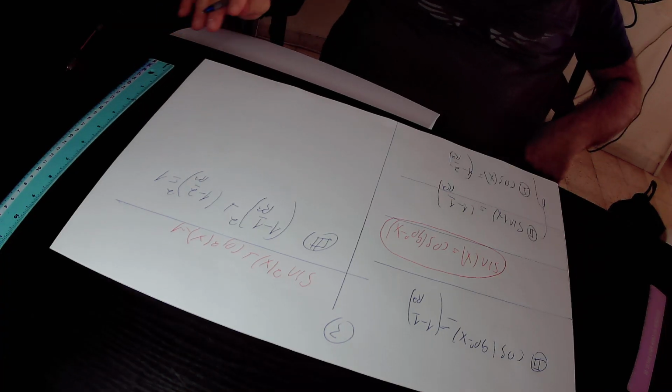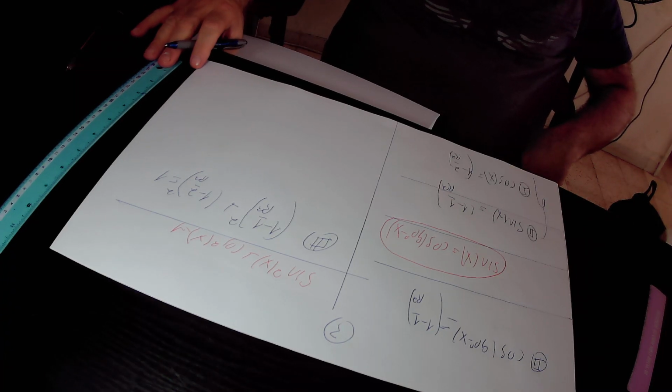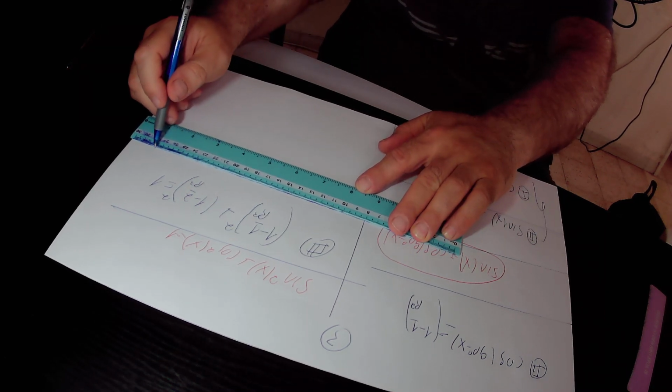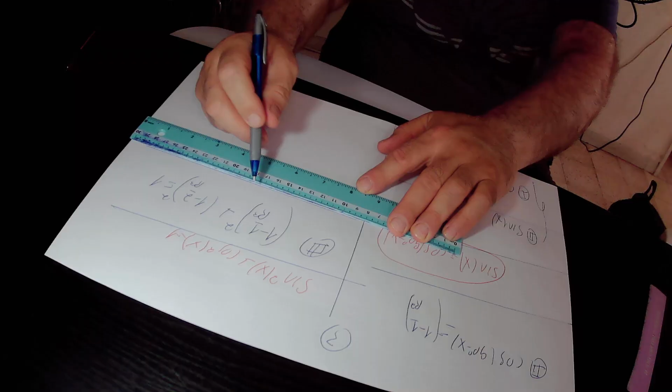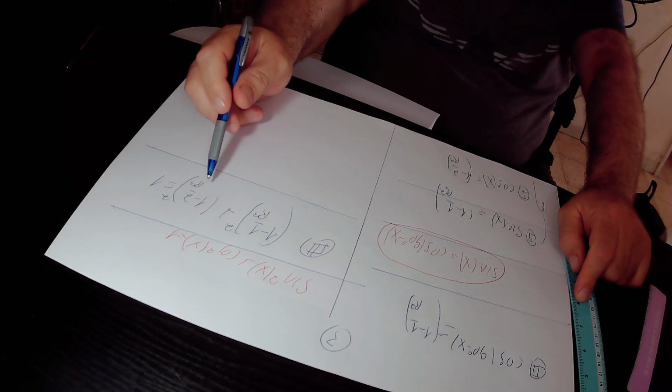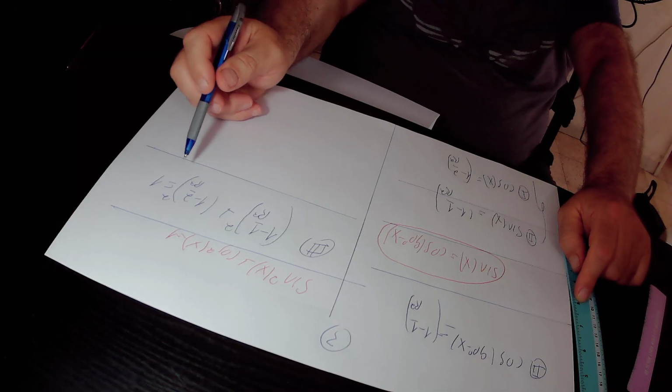So according to equation 3, 1 minus 1 over r squared, squared, plus 1 minus 2 over r squared, squared, equals 1.